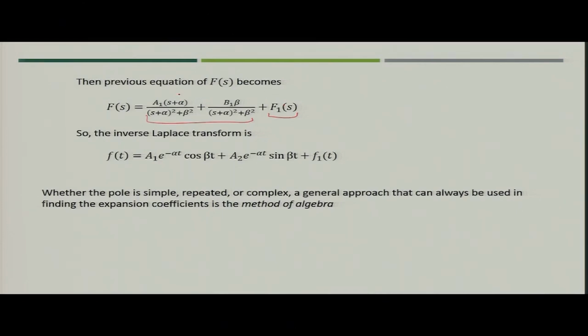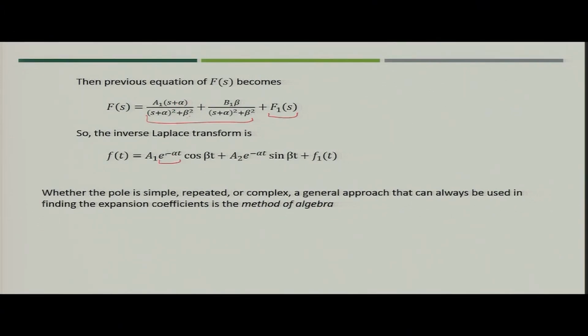Now, if you see the first term, if you remember when we were discussing the Laplace transform, we discussed that the Laplace transform of cos omega t is s upon s square plus omega square.